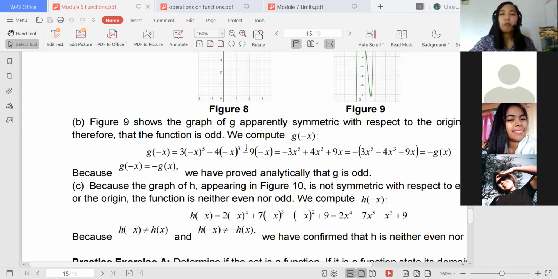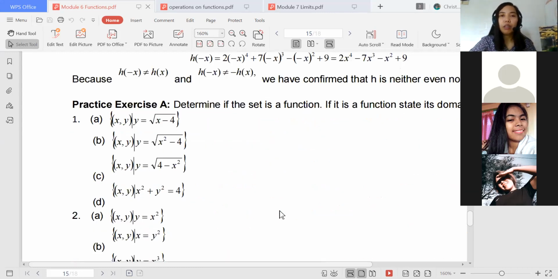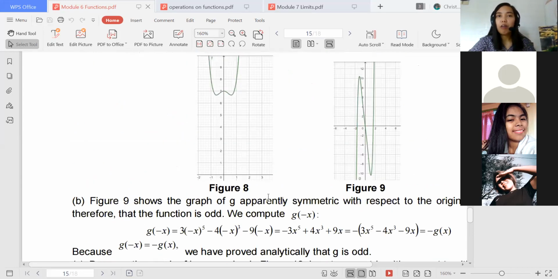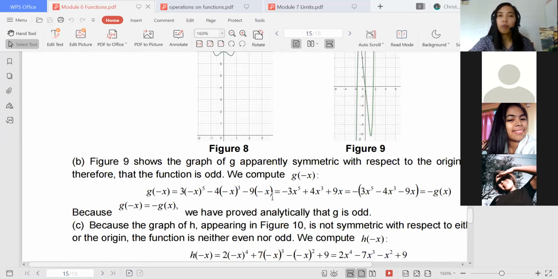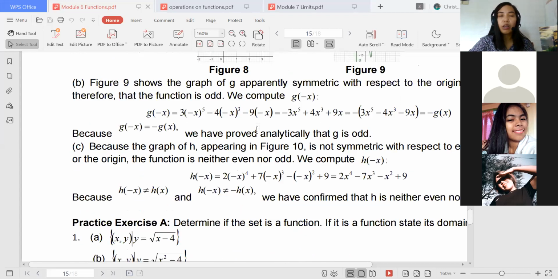Tatlo lang ang pagpipilian. Kapag naman ang given ay function, tas wala siyang graph, pwede nyo ding i-determine kung even, odd, or neither by substituting negative x in the given function. If the result is the same with the given function, or equal to the original function, then it's even.